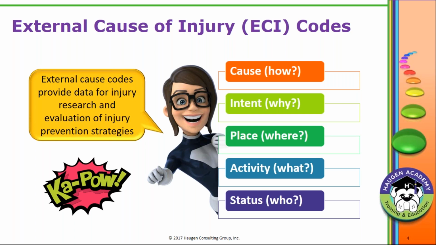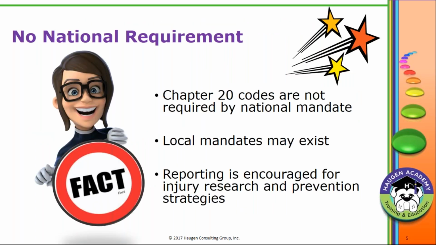Was there terrorism, which unfortunately is something that we have to consider more and more in our daily life now? And where did it occur? What was the patient doing at the time, or their activity? And who is that patient? What was their status at the time of the injury? Are they military? Were they on the job? Were they a student in school? We are able to answer all of these questions with our ECI codes.